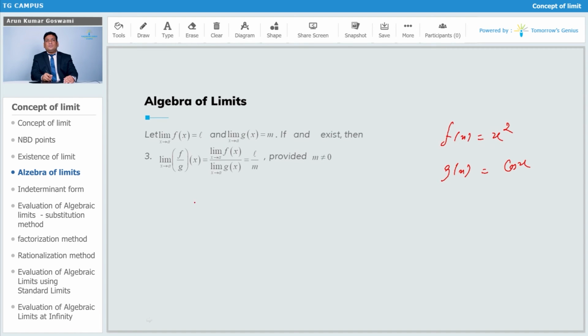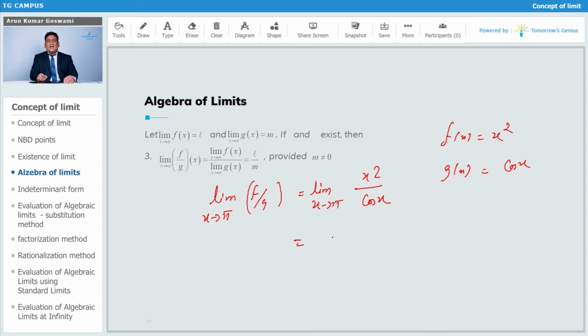Now, limit of f by g as x tends to pi. f by g is nothing but x square by cos x.